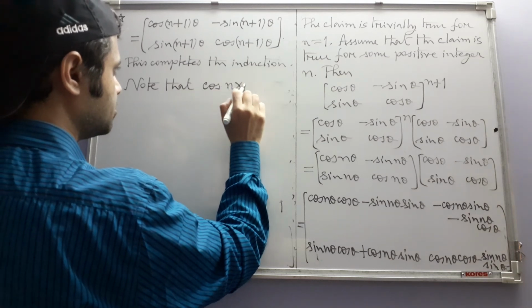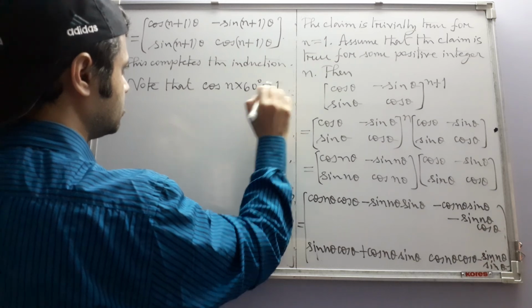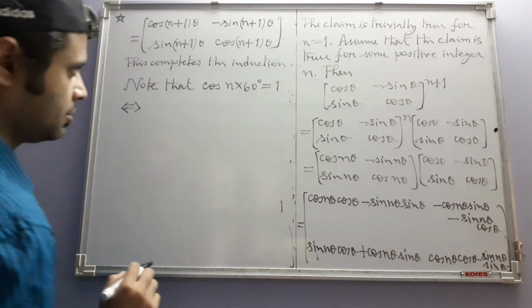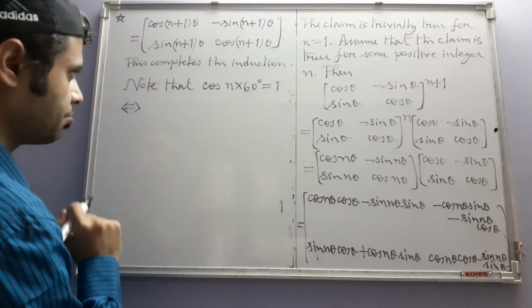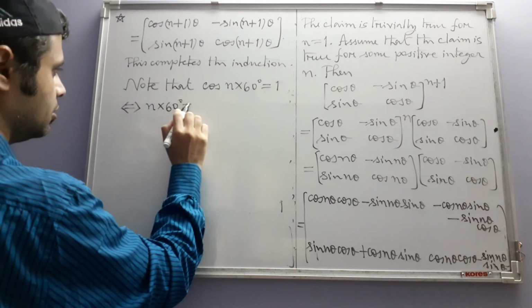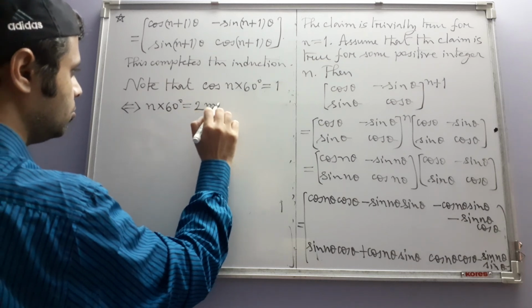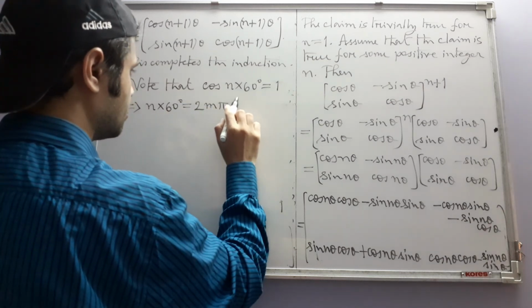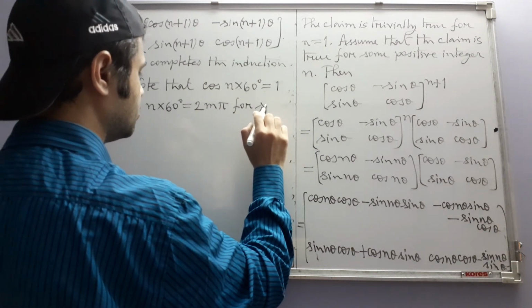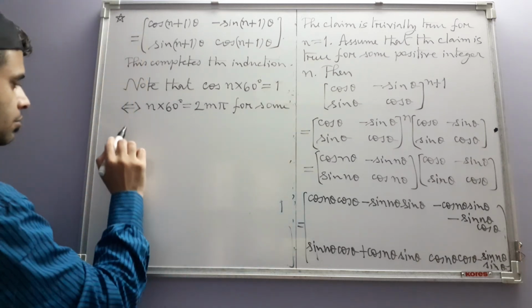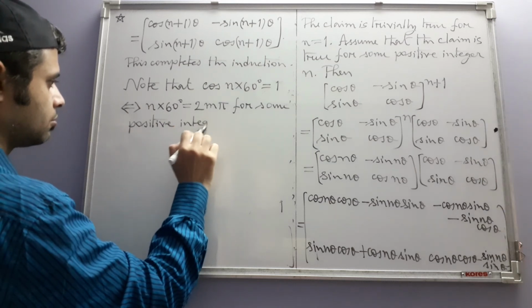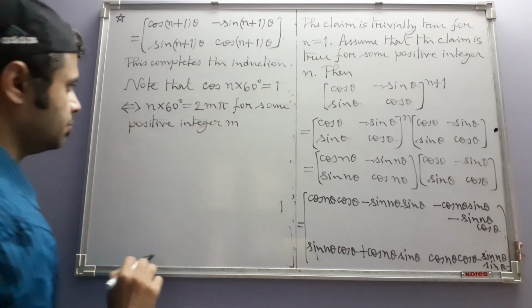Cos n times 60 degrees equals 1 if and only if, since n is for us a positive integer, n times 60 degree is 2m pi for some positive integer m.